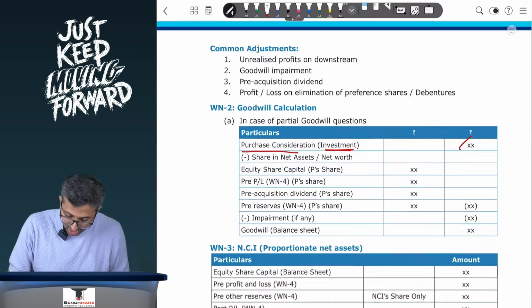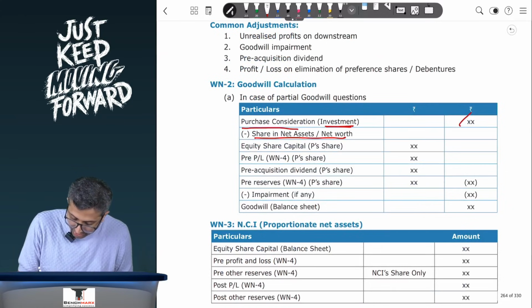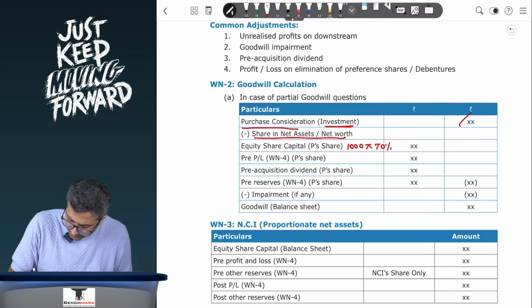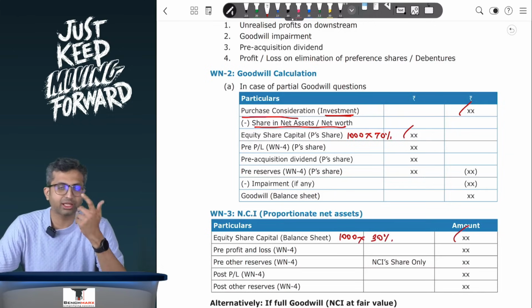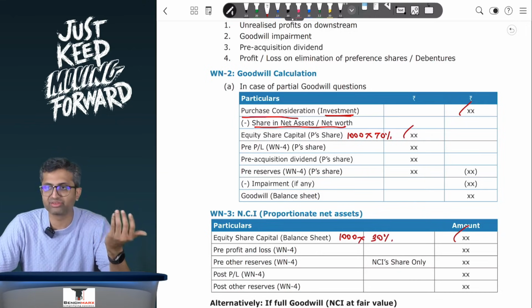So over here, you will have share in the net assets. This is 1,000 worth of, let's say, share capital into 70%, which will be attributable to the parent, and 1,000 of share capital into 30%, that is 300, attributable to N.C.I. So technically your elimination entry will go something like this.